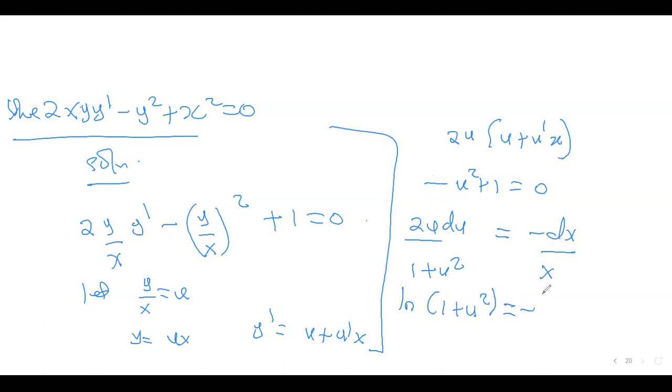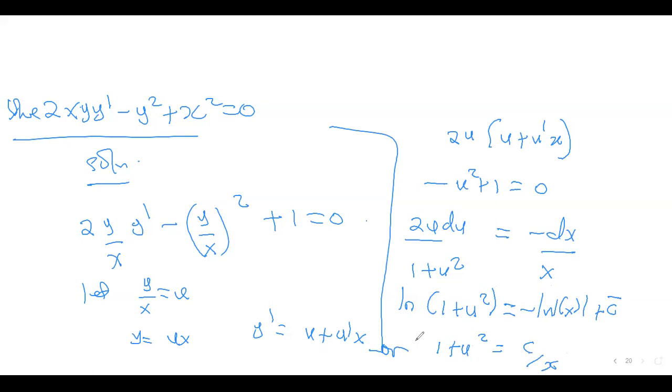When you integrate both sides, you'll find out that you have ln of 1 plus u squared equal to negative ln x plus c bar. Or literally, you have 1 plus u squared equal to c over x.